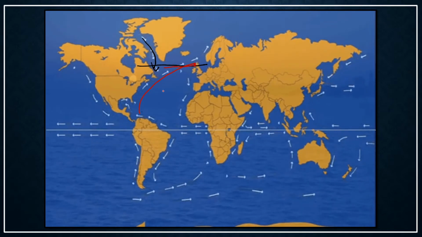Winds which move over cold currents can bring a cooling effect in the adjoining areas. For example, here we have a cold current which is known as the Peruvian current.